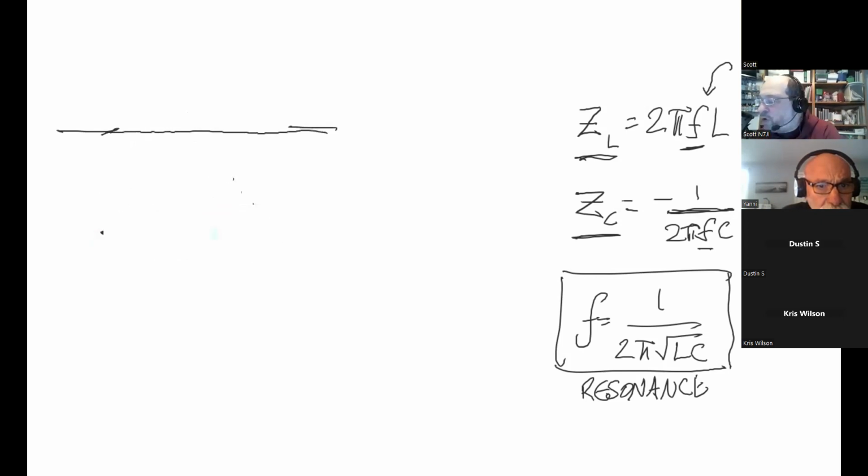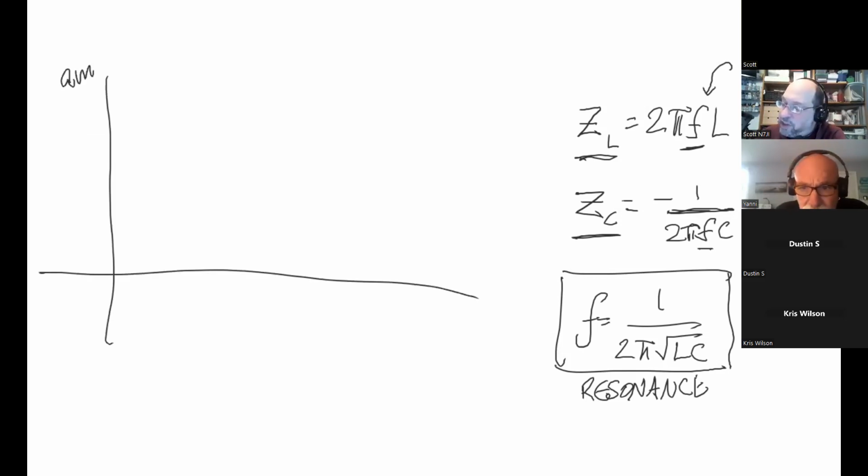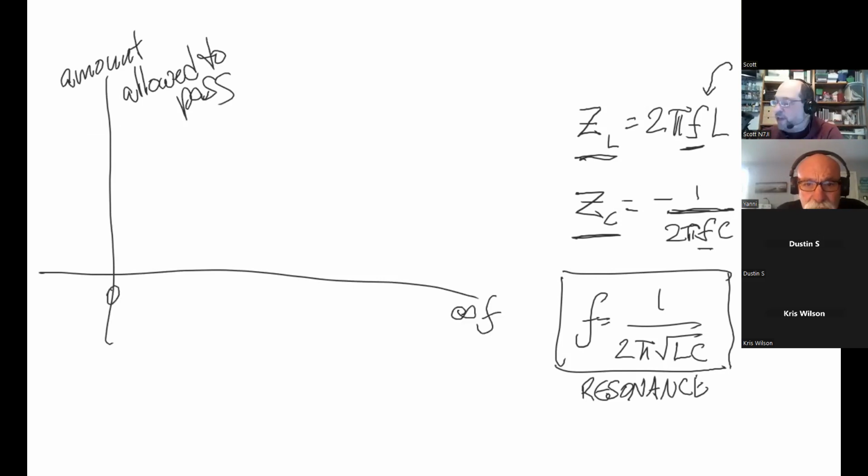And if you go off of that particular frequency where that's true, what happens to the impedance? It tends to go up. So if we were to draw a frequency response chart, so this is the amount of energy allowed to pass versus the frequency, and we go from 0 to infinity, we would find at our resonant frequency we're way up here.